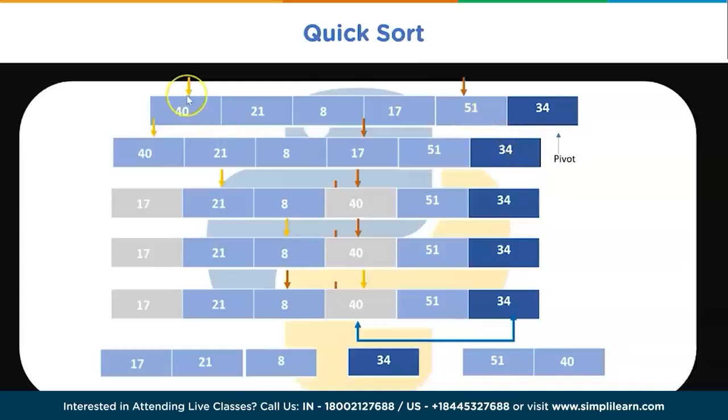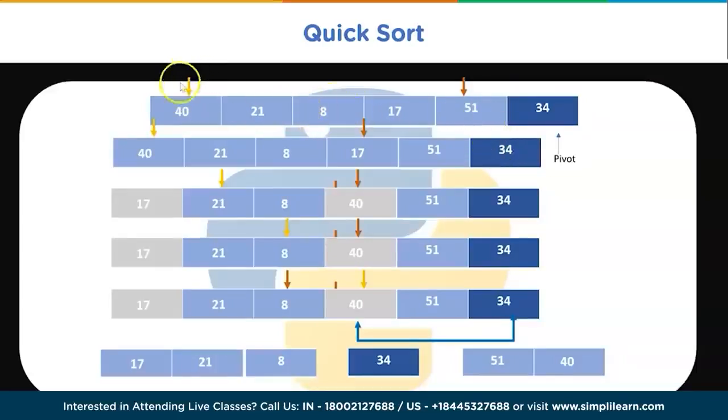So I will keep on shifting towards the right until it finds an element greater than 34, and J will shift towards the left until it finds an element less than 34. Okay, so we will see that.